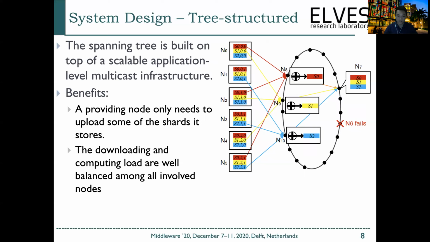The benefit is that a providing node only needs to upload some of the shards it stores. As this picture shows, each node just needs to provide a partial amount of the information it stored. Meanwhile, the downloading and computing loads are well balanced among all the involved nodes.